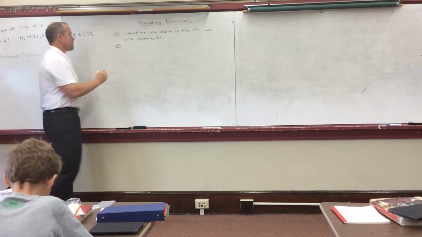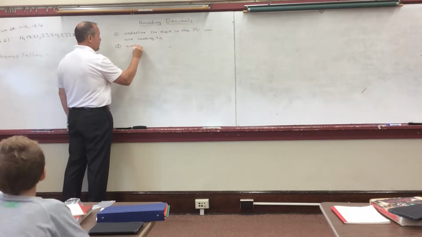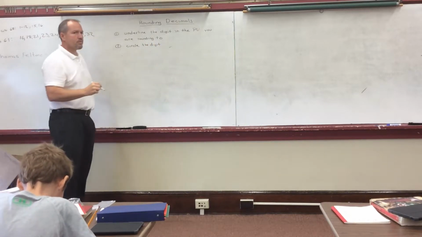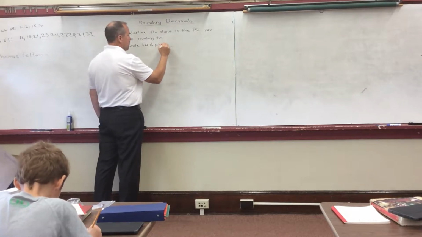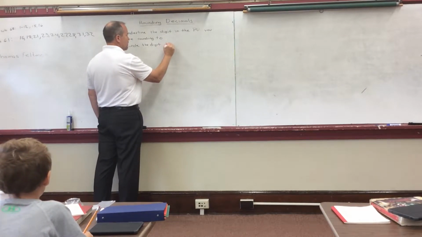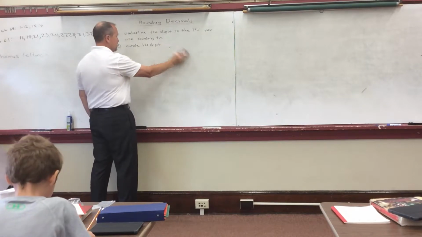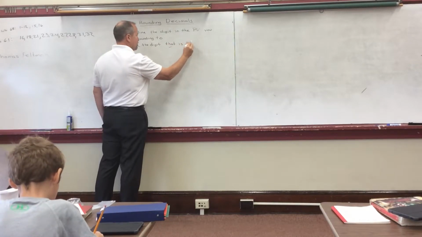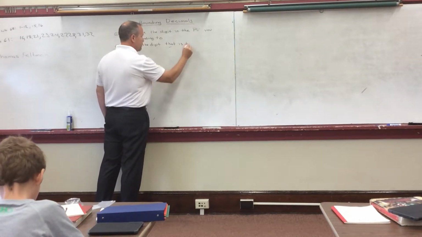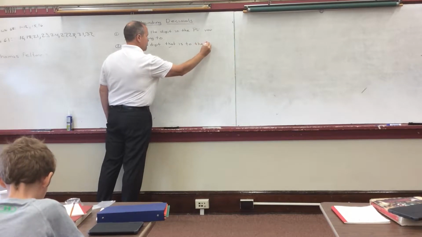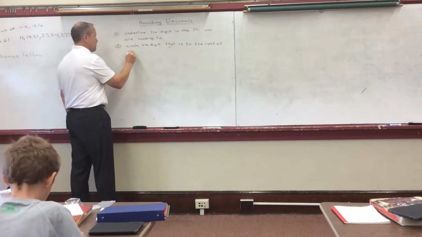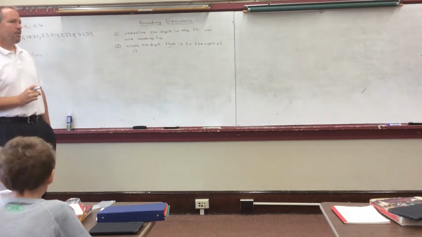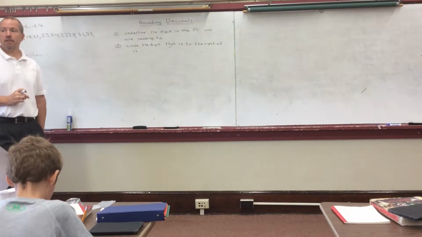Step 2. Circle the digit that is to the right of it. So you're going to underline the digits in the place value you're rounding to. You're then going to circle the digit that is to the right of it.